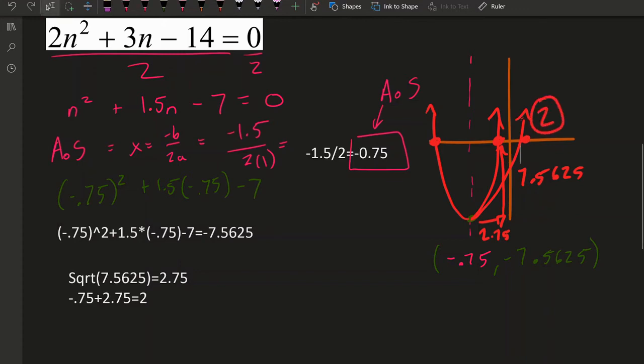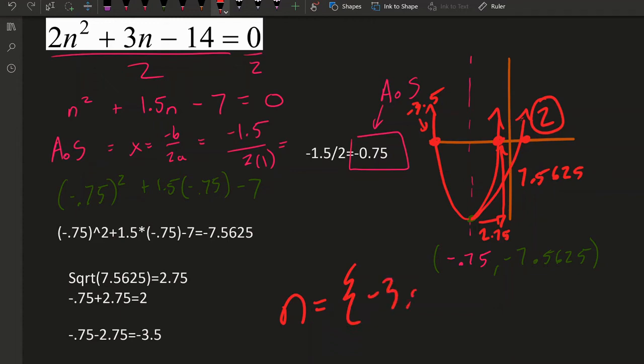And then negative 0.75 minus 2.75 is equal to negative 3.5. So that means this one right here is negative 3.5. So our answer for this one is n equals negative 3.5 and 2.